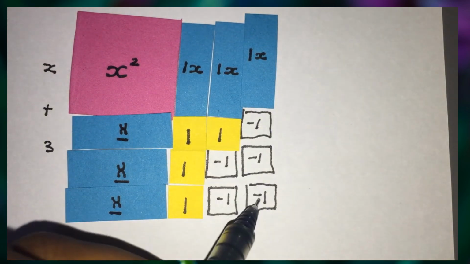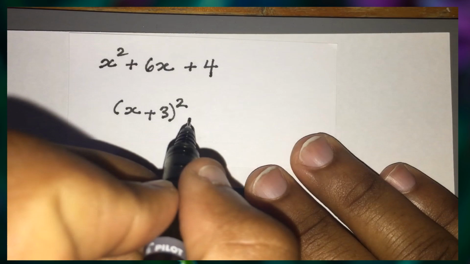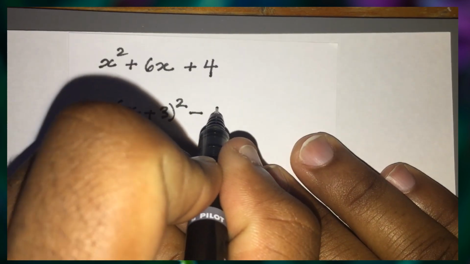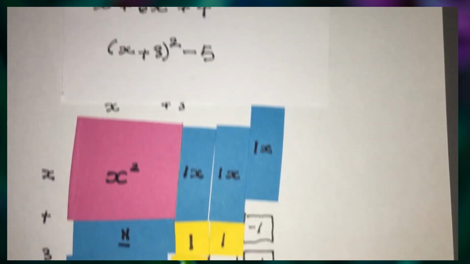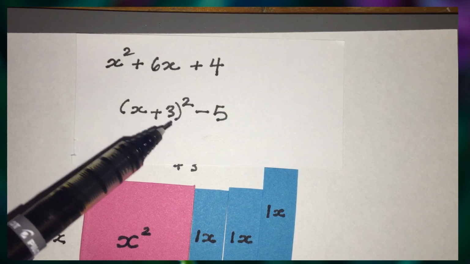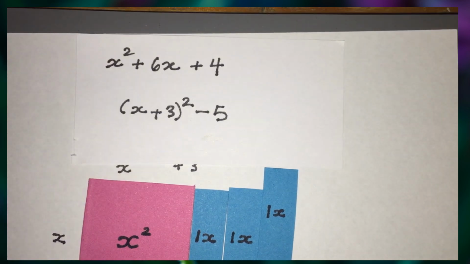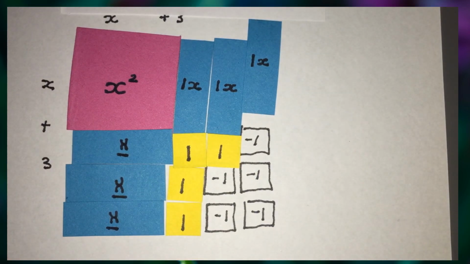And we are going to be short 1, 2, 3, 4, 5. And if I'm going to suggest that it's short, I would use a negative sign and put the amount that it's short. So if we're going to really complete a square, given this type of resources, it would have been x plus 3 all squared minus 5. Simple. All you're doing is rearranging stuff to complete a square.